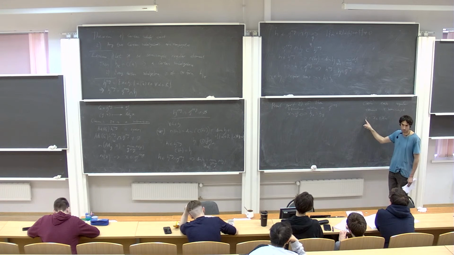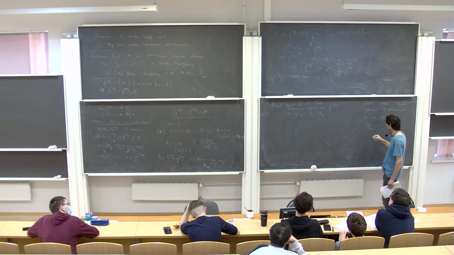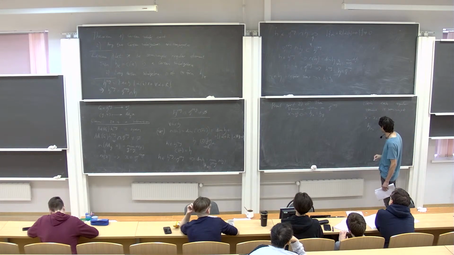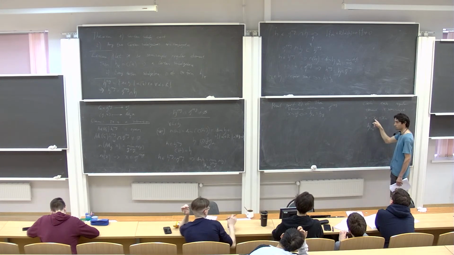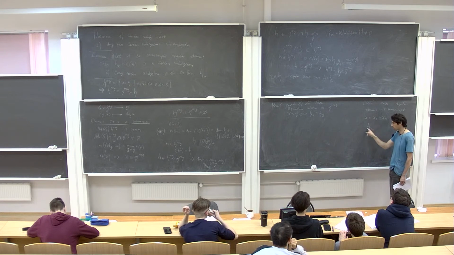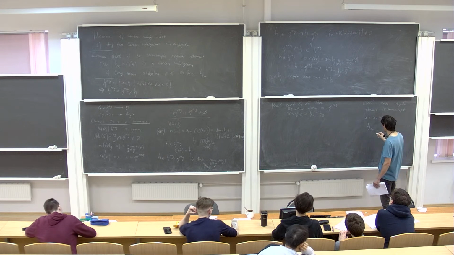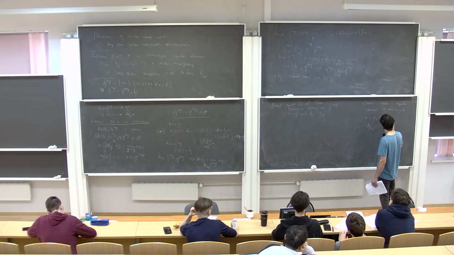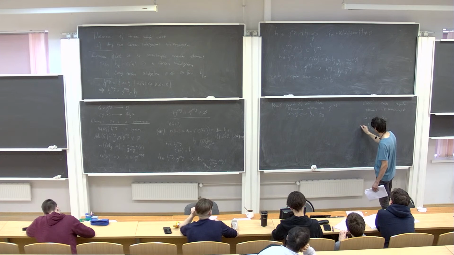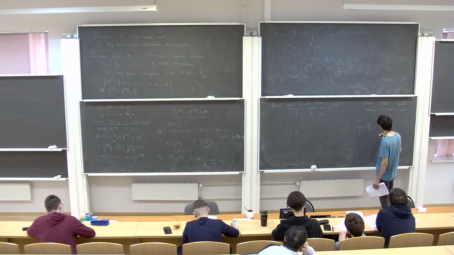If x is regular, then x_s is regular. So therefore this is regular semi-simple, so I can construct this.